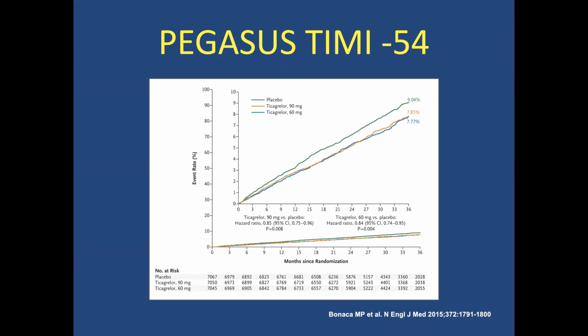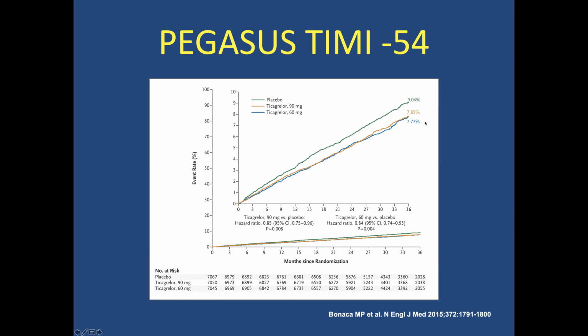This trial enrolled patients who had had an MI within the past 1 to 3 years and were considered at increased vascular risk based upon advanced age, mild chronic kidney disease, multivessel disease, or diabetes. These patients had already been treated for 1 year, and they were randomized to placebo, which was just aspirin, ticagrelor 90 milligrams twice a day, which is the usual dose, or ticagrelor 60 milligrams twice a day.